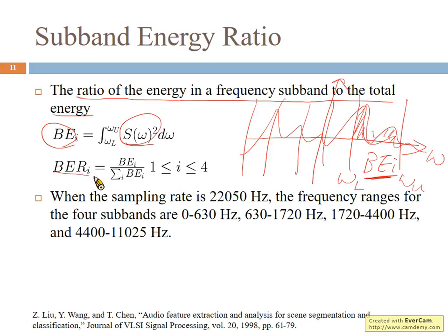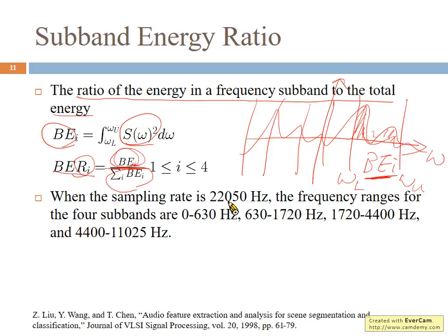And BERI is the band energy ratio. So we divide the BEI value by the total band energy, so we get the ratio.